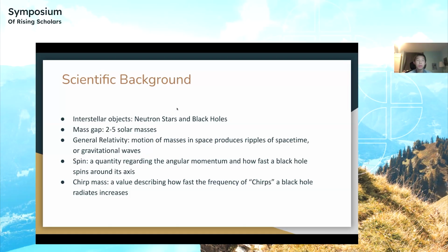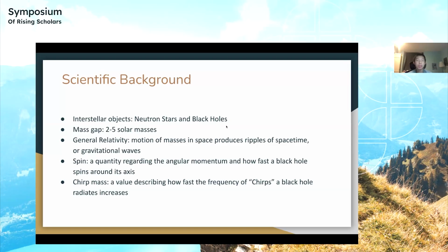And if it was above 5 solar masses, then it would become a black hole. However, there's a mass gap between 2 to 5 solar masses in which there hasn't been any objects discovered. And today I'm going to be trying to find out more about these mysterious objects.